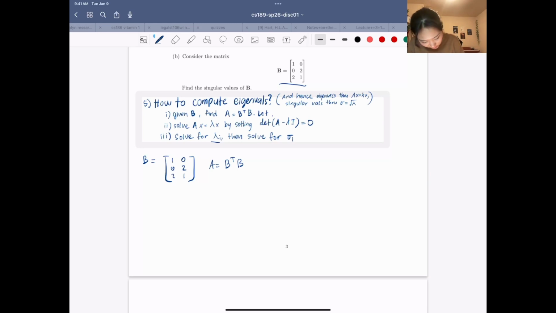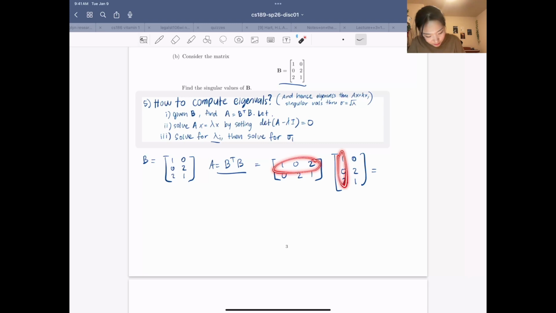To solve for this, we take the transpose of B, which is 1, 0, 2, 0, 2, 1, and then for B we just copy it. Then you can solve this on your own, just multiply, multiply, multiply, and what you'll end up getting is our lovely matrix 5, 2, 2, 5.